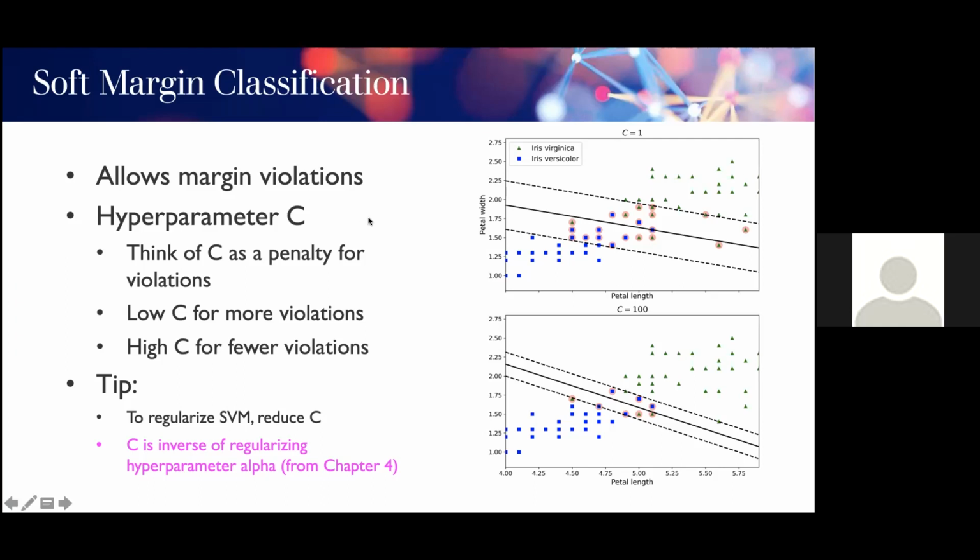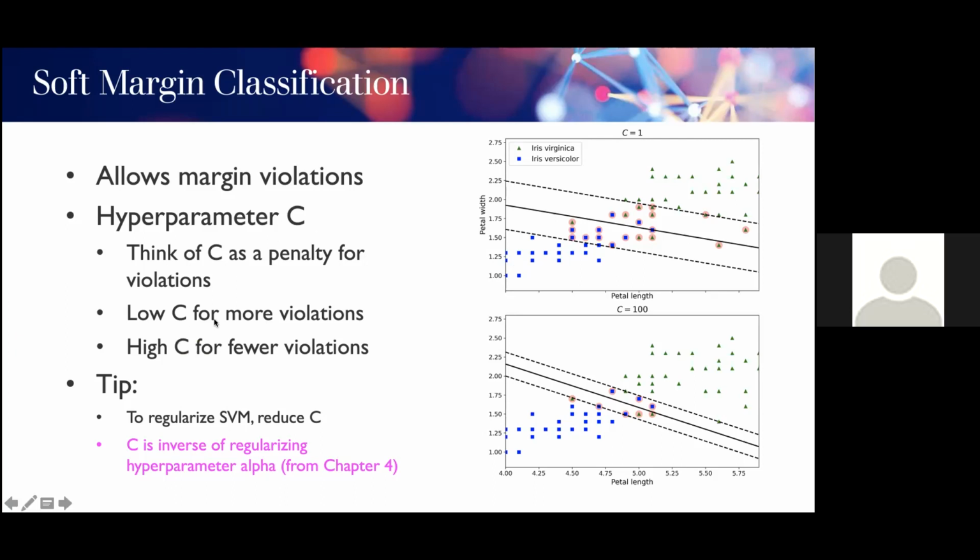The way this is done is that for each of those violations, you penalize your objective function by a number, capital C. So the more margin violations you have, the more your objective function will be penalized. And so the hyperparameter C's value itself will dictate how many margin violations are allowed, so to speak.